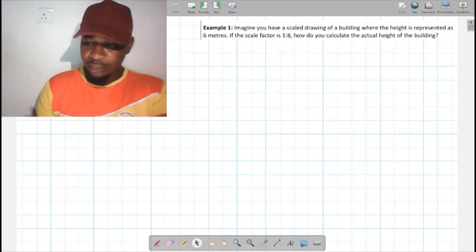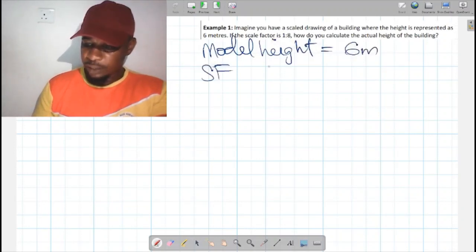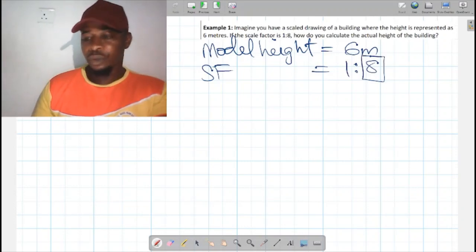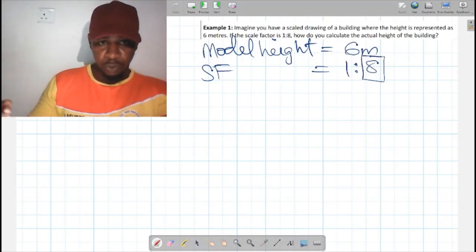What we know is the model height is 6 meters. We also know the scale factor is 1 to 8. Now we'll pick the important number there. That tells us that one height is 8 times the other one.